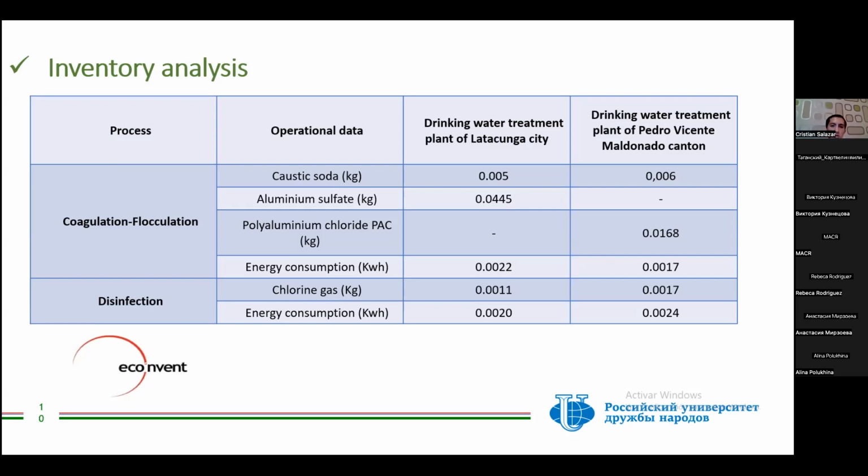The primary source of information corresponded to the data provided by the technical staff of the studied plants, and the secondary source corresponded to the EcoInvent database, designed to provide general benchmarked data on products and processes used at drinking water treatment plants.